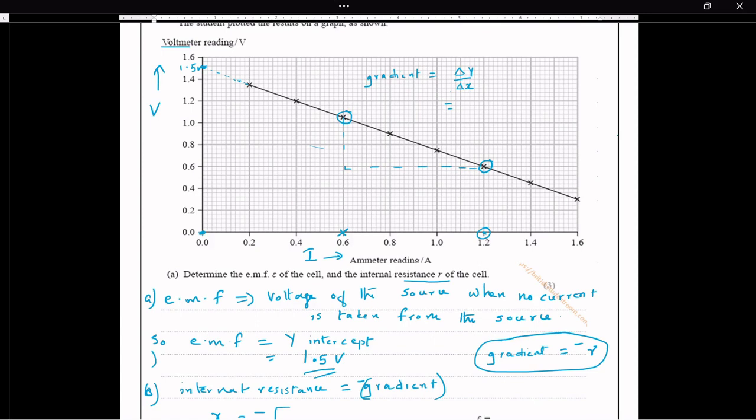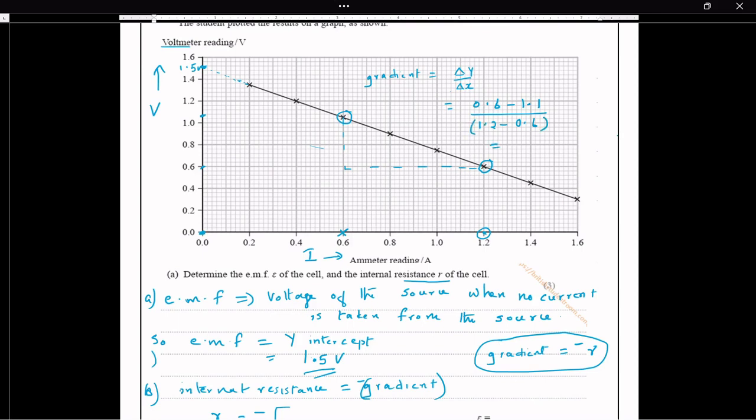The y values are 0.6 and maybe 1.1. So it is 0.6 minus 1.1 over the x value, 1.2 minus 0.6.